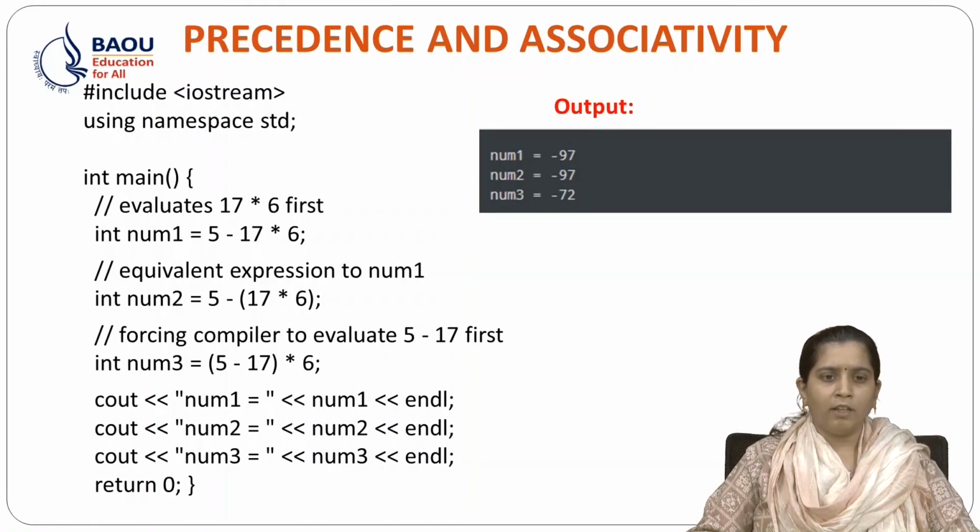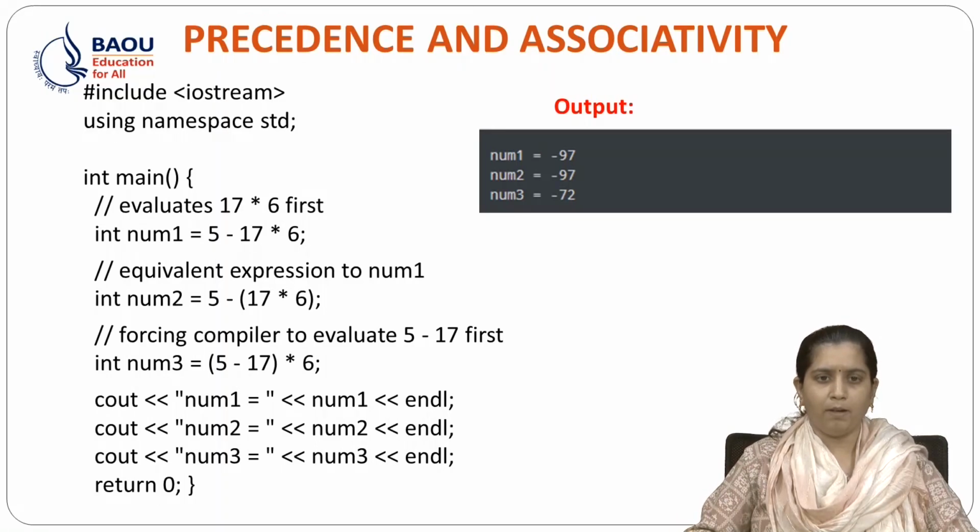And in the third variable, what I am doing is forcing the compiler to evaluate 5 minus 17 first. So, I have put 5 minus 17 in brackets, because brackets have a higher precedence than the multiplication operator.